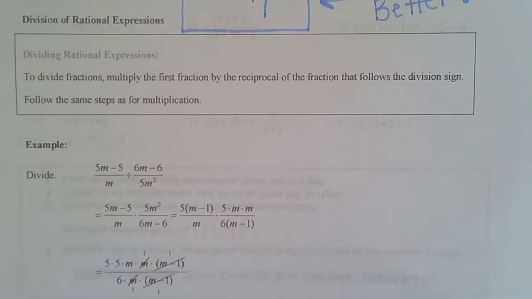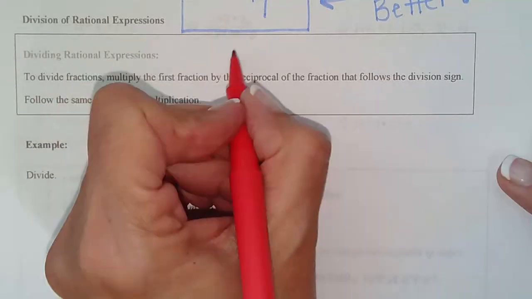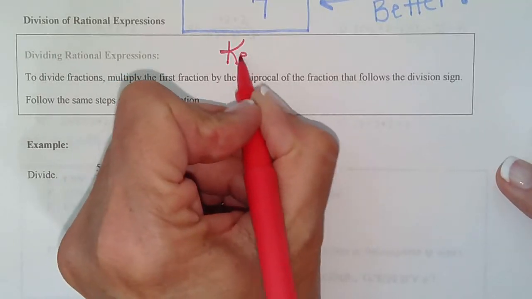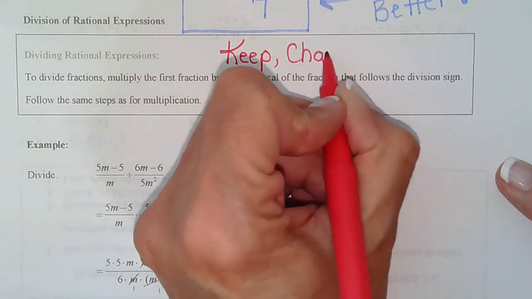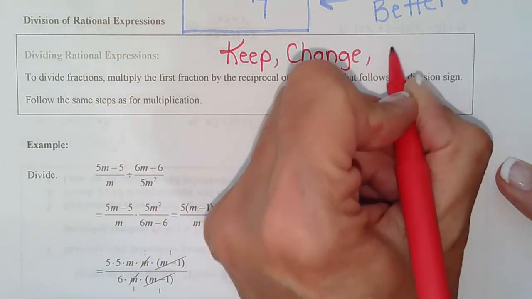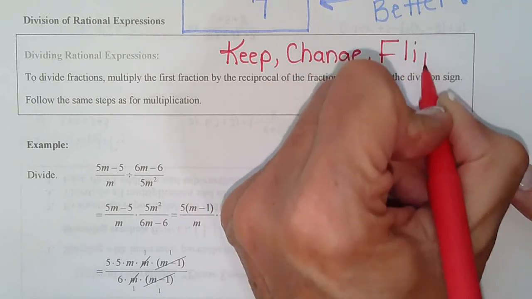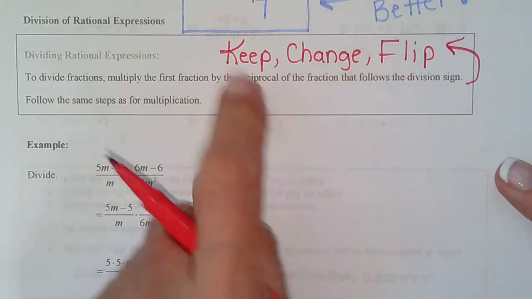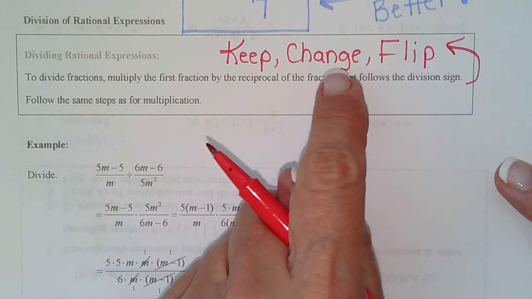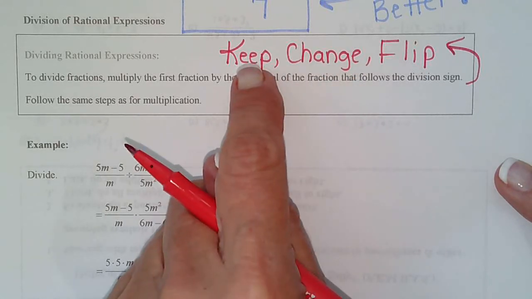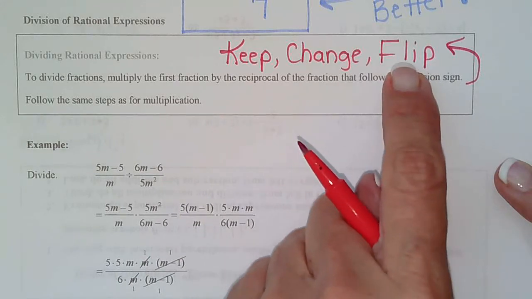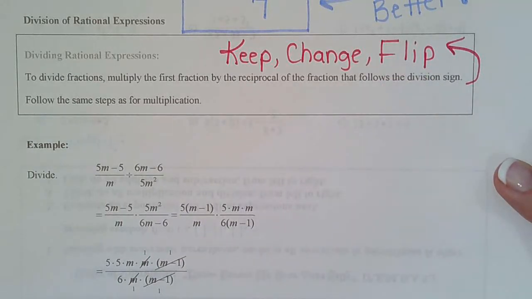What my students and I came up with in class for this is keep, change, flip. That's what this is saying. Multiply the first fraction. So I changed division to multiplication. Keep the first fraction the same. By the reciprocal, flip the second.